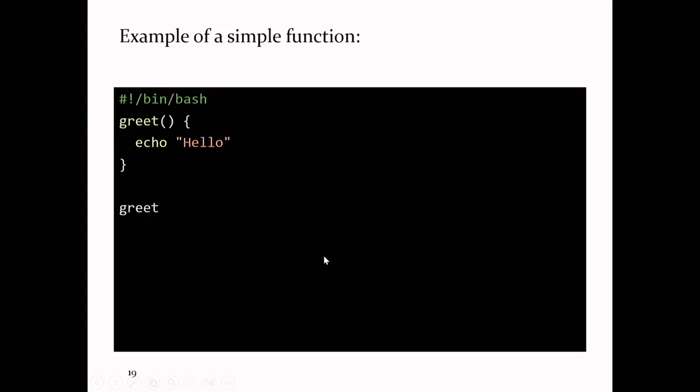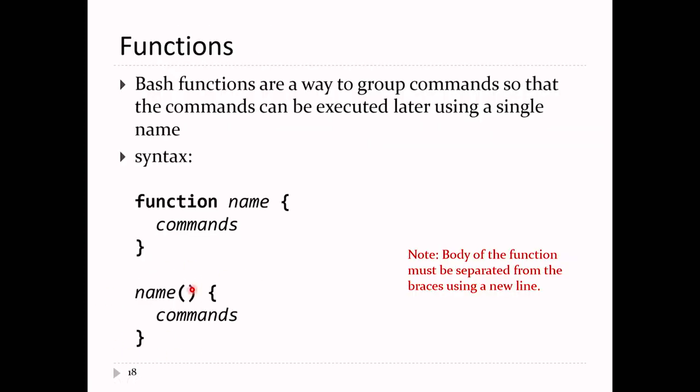The second version is preferred. The first version only works in bash and a few other shells. This version works in most of the Unix shells. I think all of the existing Unix shells understand this version of a function. So that's the preferred version, and that's the one I'm going to use.